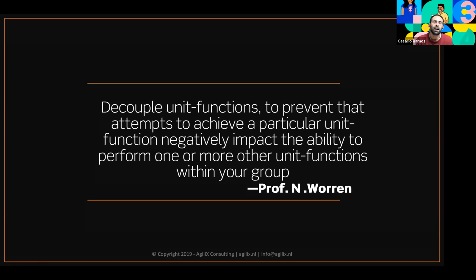And that is that you want to decouple certain functions in the case that if a unit wants to achieve their specific function, but while they pursue to realize that function, that impacts the possibility of another unit to achieve their function, then it's a bad type of coupling.